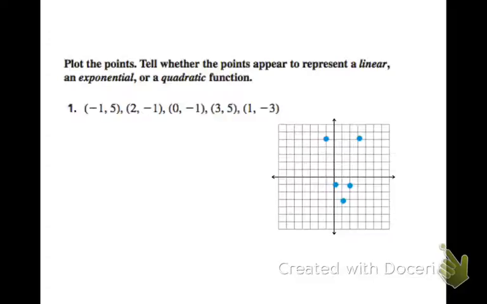So you can tell already this forms the shape of a parabola. I'll try to connect it with a smooth curve. It's kind of hard to do on the iPad. Not too terribly bad, but you'll want to go through all points. So we would name this quadratic.